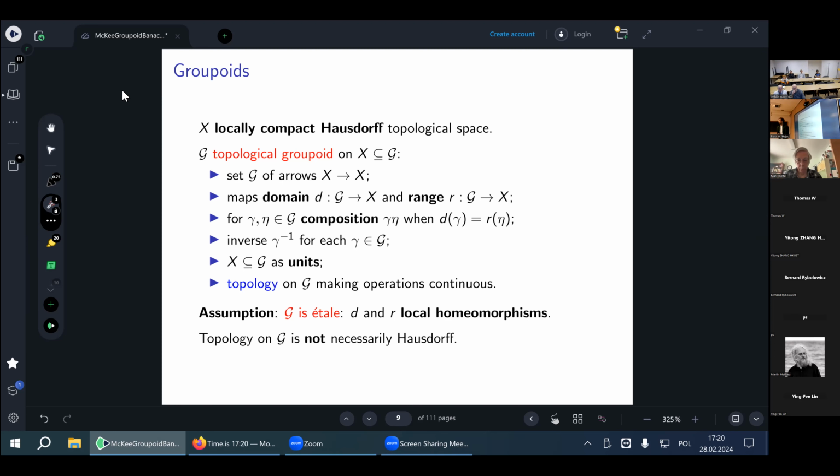There are some natural examples that arise in nature, if you will, of étale groupoids where the topology is not Hausdorff. In the literature, often the Hausdorff assumption is there, and we wanted to get around this and capture these non-Hausdorff groupoids. So even though the unit space is Hausdorff, the whole thing in general is not.